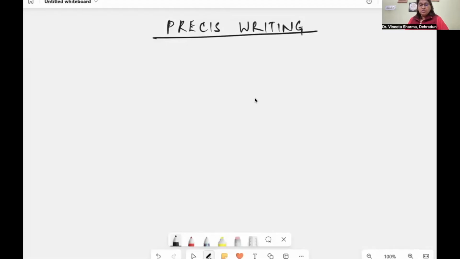So as the topic says, it is Precis writing. Please understand, Precis is the summary, or you may also call it the gist. So you have to precis. Now, one thing you need to understand is that it is like any other question you get for your understanding of the passage. You are not supposed to summarize the whole passage.